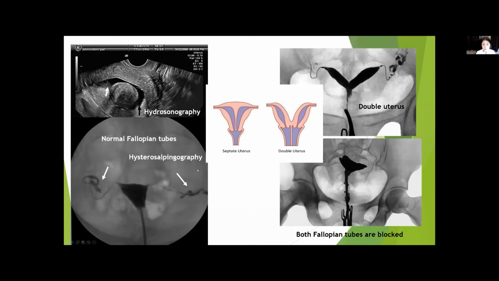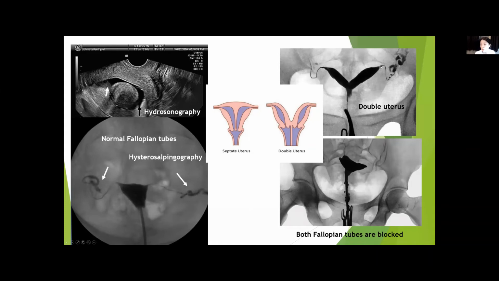This is a hysterosalpingography. You can see normal fallopian tubes, which are not blocked. You can see here the material which we insert through the cervical canal. In this picture, you can see a double uterus. Here you can see one cervix and two cavities of the uterus.